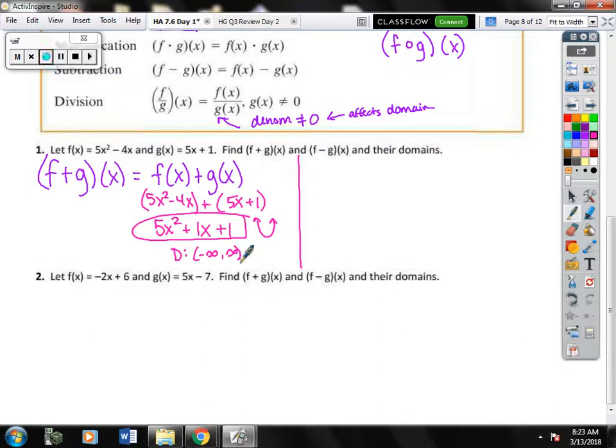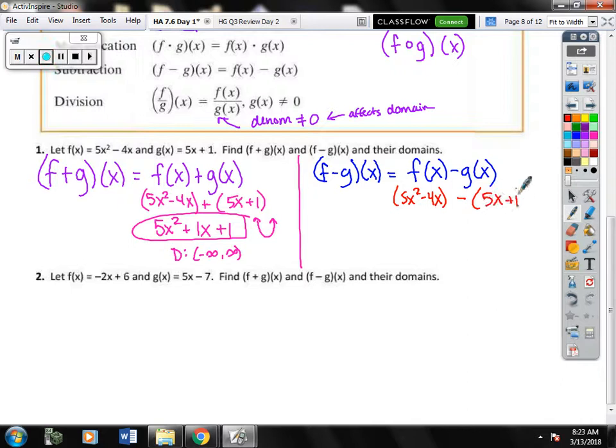They also ask us to find the difference of the function. So f minus g of x, which is equal to f of x minus g of x. So this time the parentheses are useful because we're going to have to distribute that negative to the second set. So this will be our 5x squared minus 4x minus the function 5x plus 1.